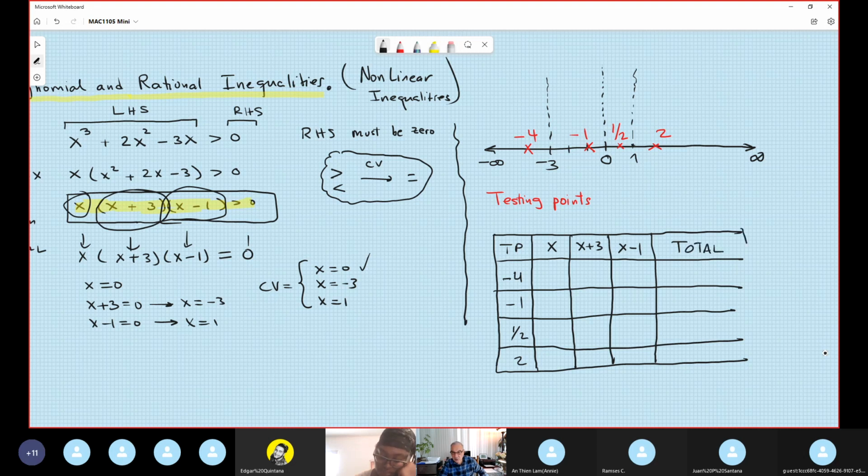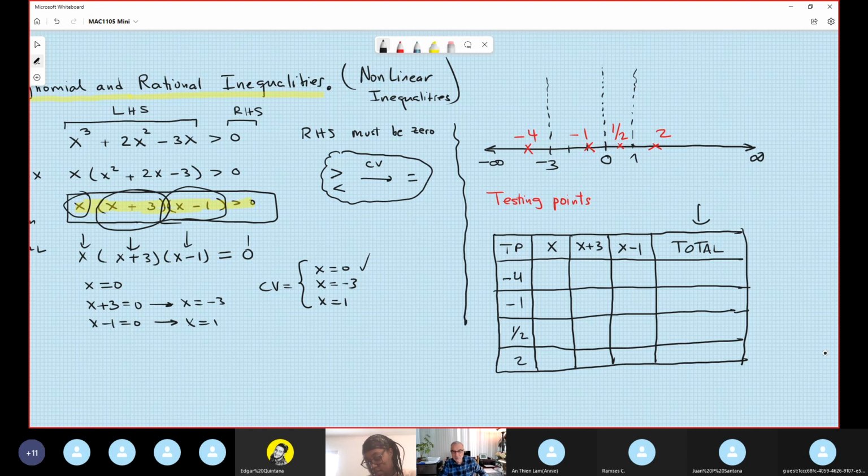Inside the total, you summarize everything in one column. When you finish the table, this is the important column, the total. It gives me the information on which testing points passed the test or failed the test. But it's super easy. I don't care about the value. I care only about the signs, positive or negative.